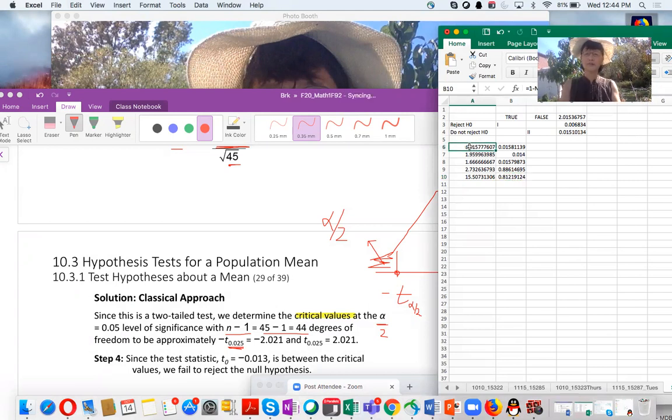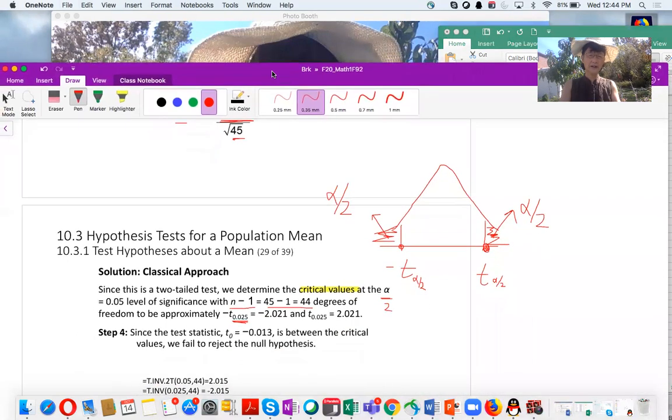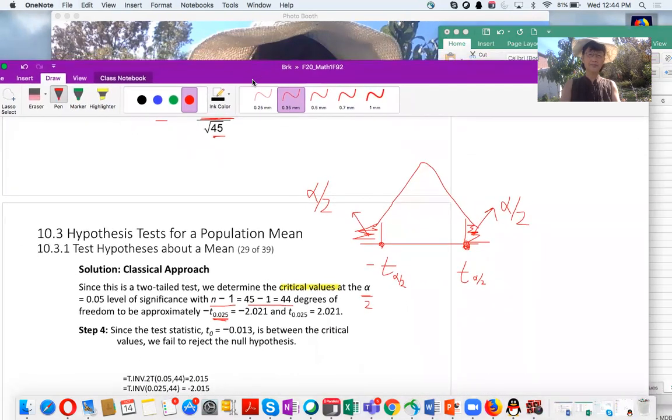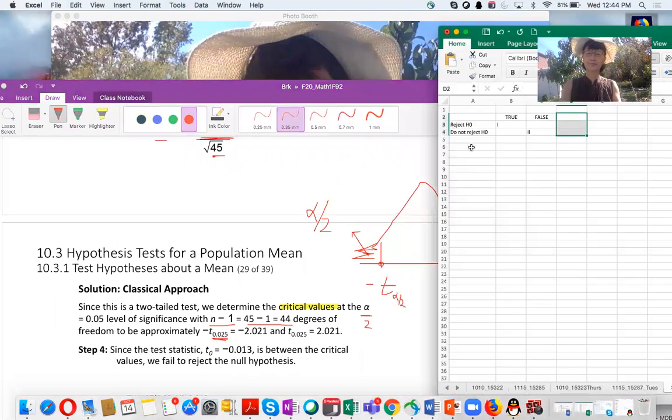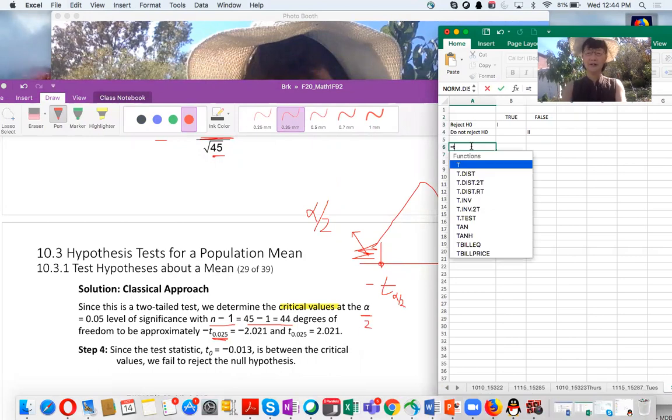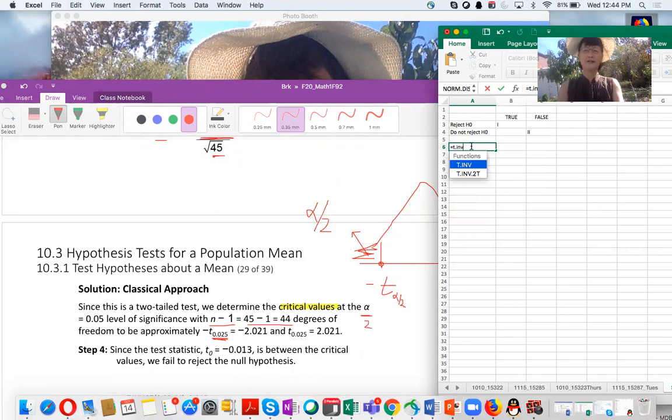In Excel, maybe I will delete those unnecessary numbers. The formula is equal T, meaning T distribution, dot INV, meaning critical value.